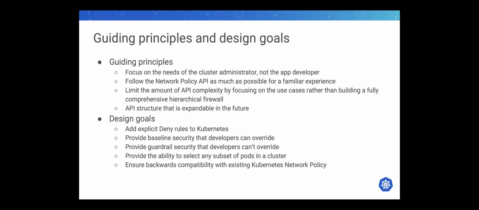The transitions should be smooth, and of course, as administrator focused policies, the cluster scope policy is going to be slightly more complex than the Kubernetes network policy, but our idea was to keep it as closely matched to the network policy API so that the learning curve is not much. We also wanted to limit the amount of complexity that the API can have, because as the administrator focused use cases can get complex, a lot more requirements can come through for this particular resource.